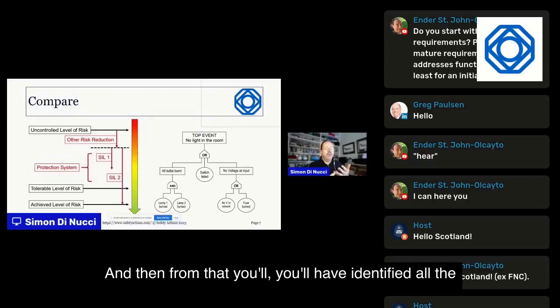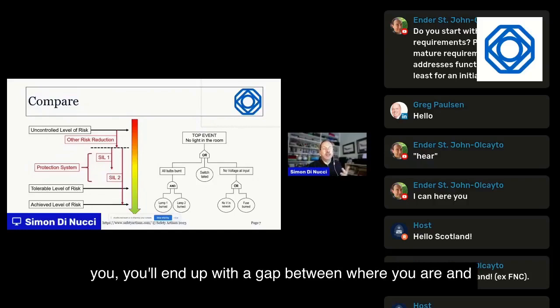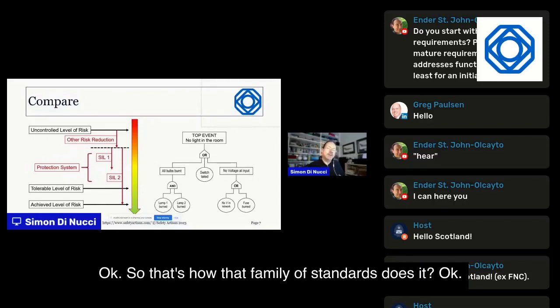Then from that, you'll have identified all the other factors that are reducing the risk, and you'll end up with a gap between where you are and where you want to be, and that determines the integrity of the protection system that you need. Okay, so that's how that family of standards does it.